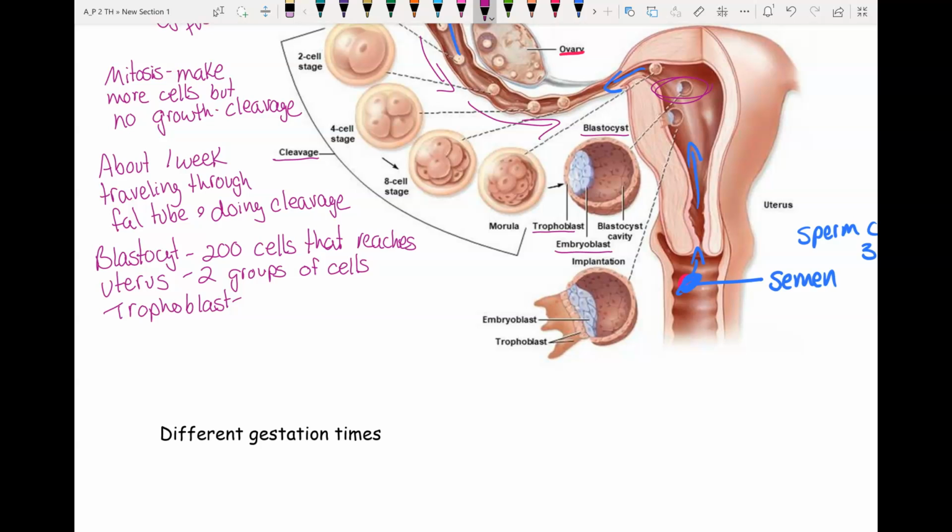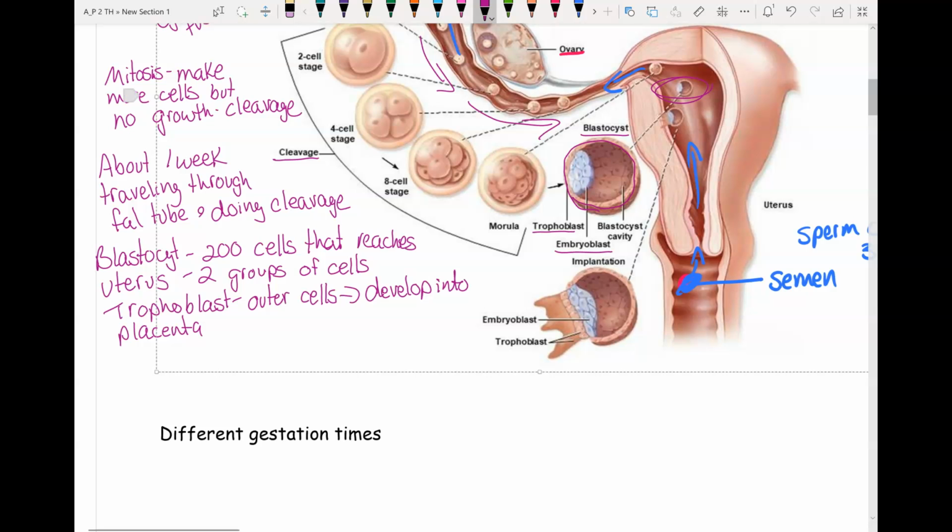Trophoblast is the outer cells. So there are all these kind of pinkish ones here. They will develop into the placenta. Part of the placenta is made by the mother, part is made by the embryo. This is the part of the placenta that's made by the embryo.